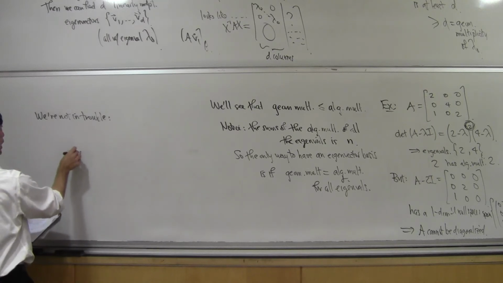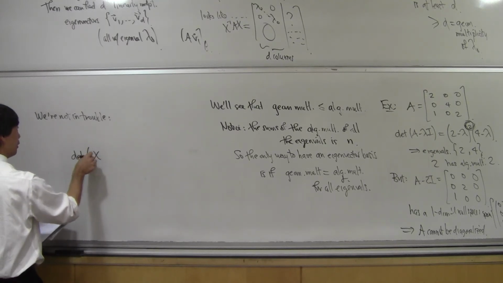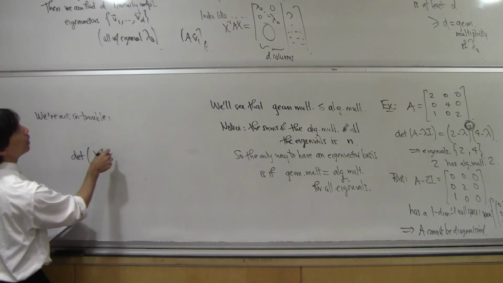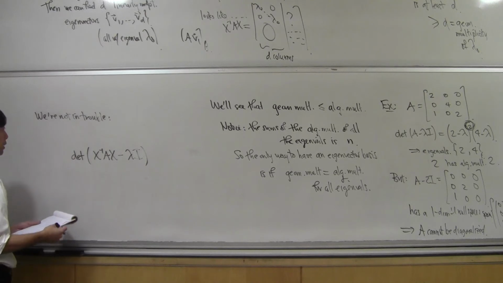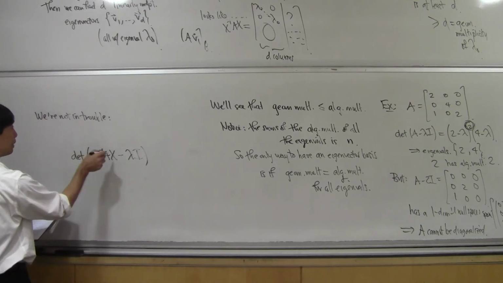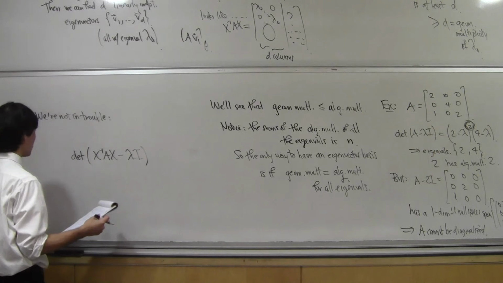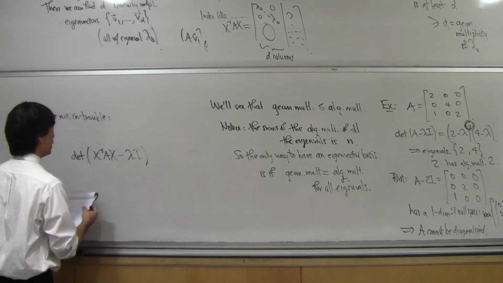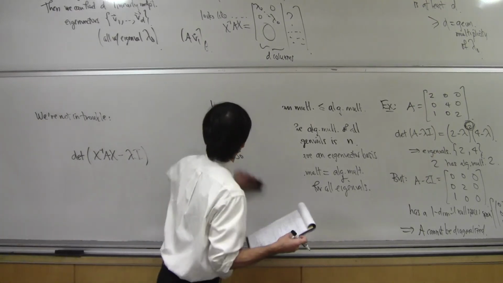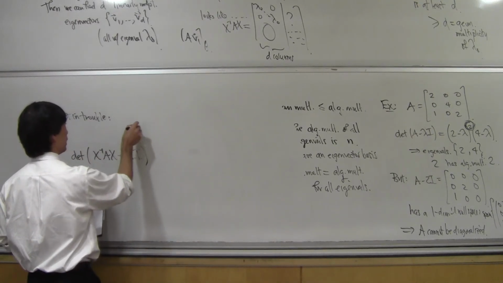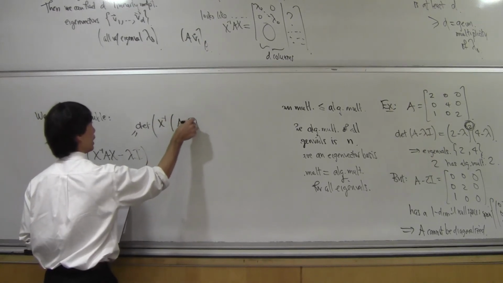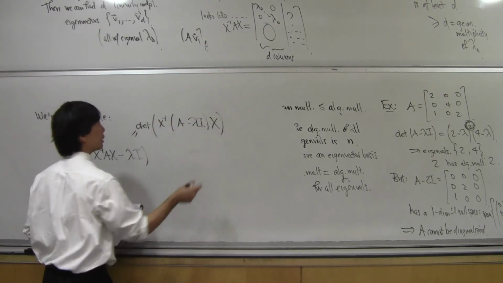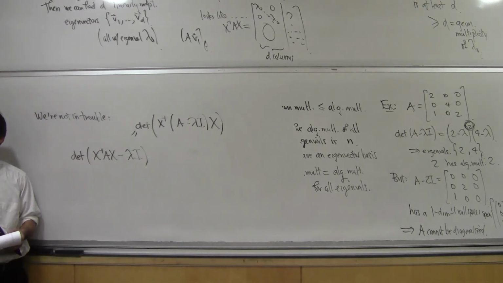Because if we look at the characteristic polynomial of X inverse AX, you can rewrite this as the determinant of X inverse A minus lambda I X. Right?